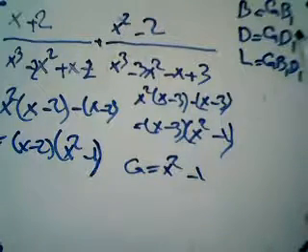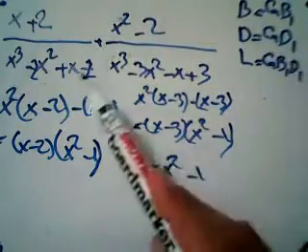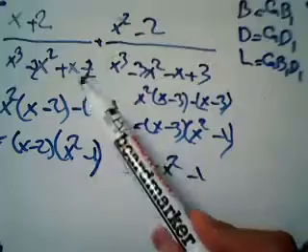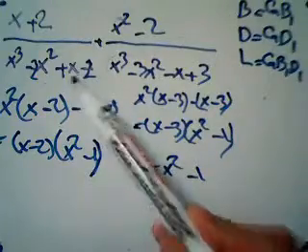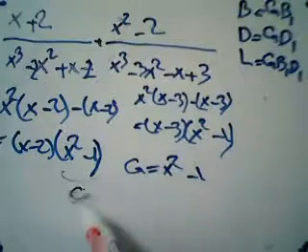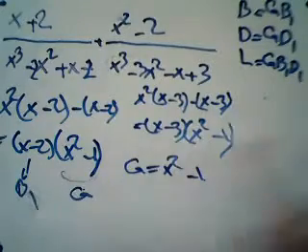And now what is b1 here? This is b and this is d. Okay, so g times b1 is this. This is g, so this is b1, x minus 2.